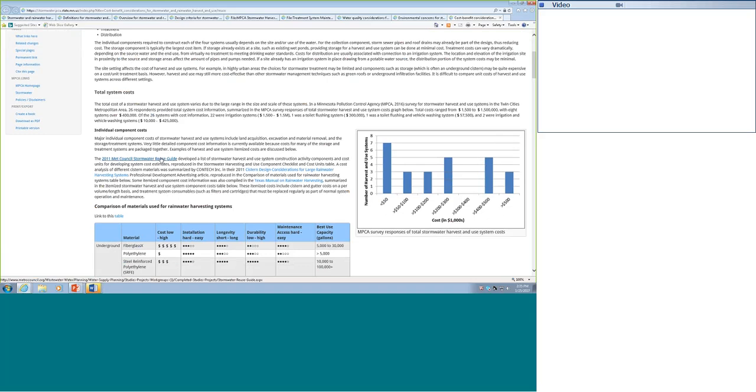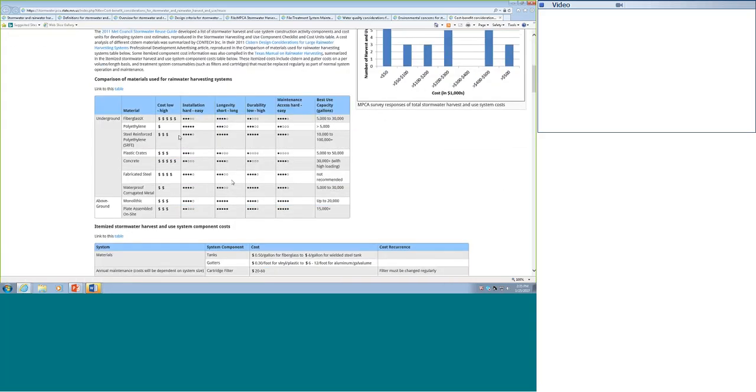The Met Council Reuse Guide has a list of cost elements that you need to include in a cost estimate. Contech has a really nice cost summary for cistern materials, and then the Texas manual on rainwater harvesting has a few unit costs. But other than that, there's really not much available.